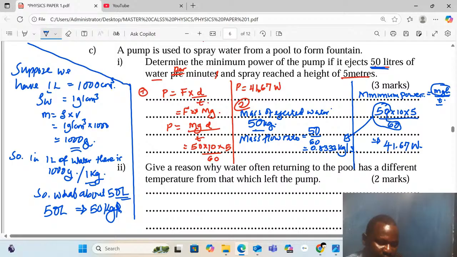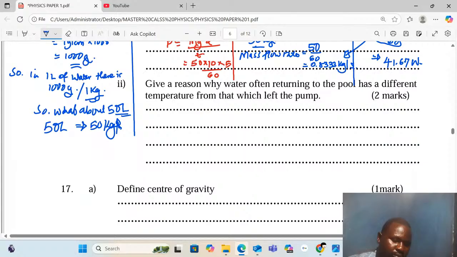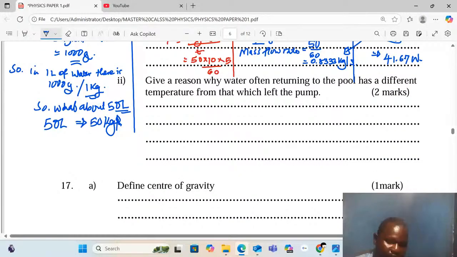Give a reason why water returning to the pool has a different temperature from that which left the pump. We have issues to do with the changing of the form of energies, and we also have the exposure to different surfaces. We have friction with air.